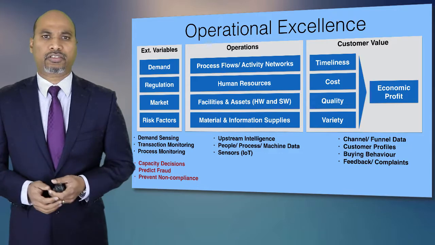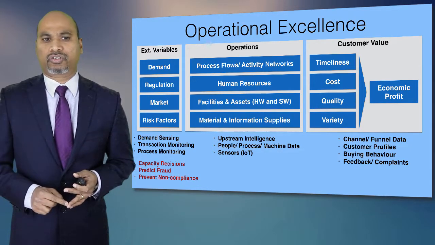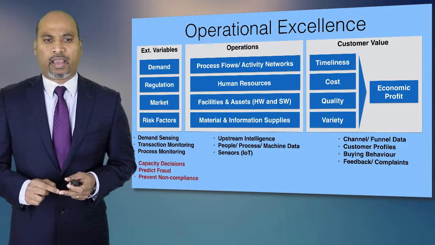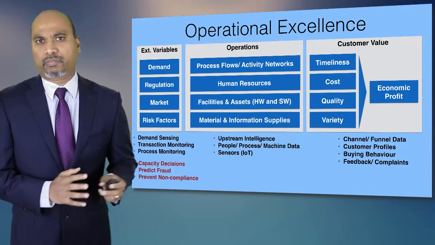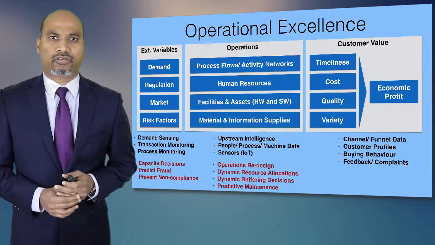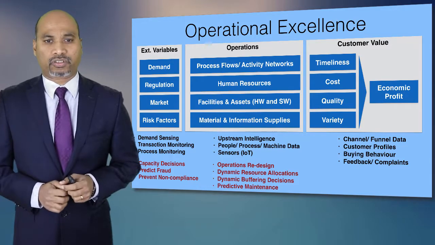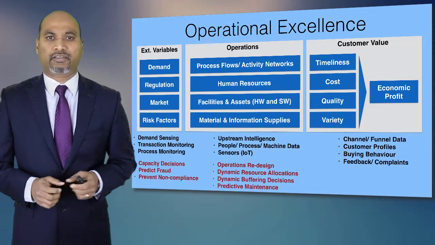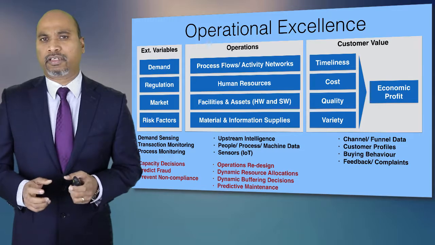Now, using these data sources, we can make these sort of decisions. Capacity decisions could be taken, and prediction of fraud and preventing of non-compliance could be done as far as these external variables are concerned. Now, within the operations, the sort of decisions you could make using the data could be redesigning operations, or also making decisions on the fly, such as dynamic resource allocation and dynamic buffer decisions.